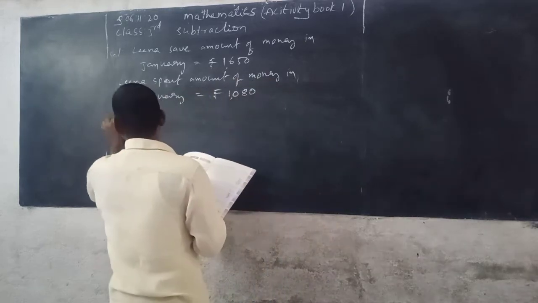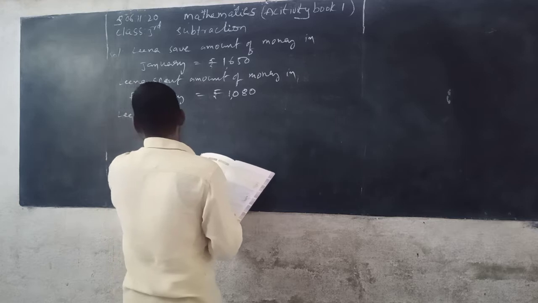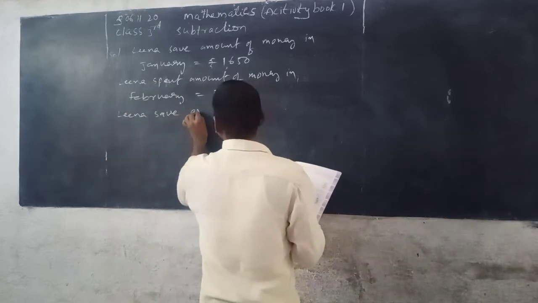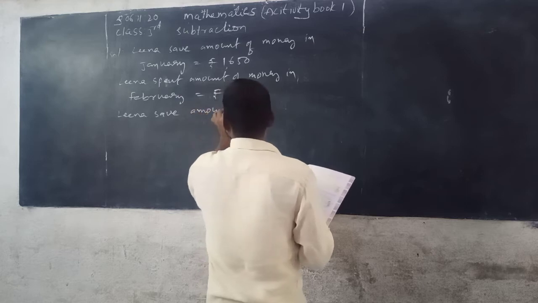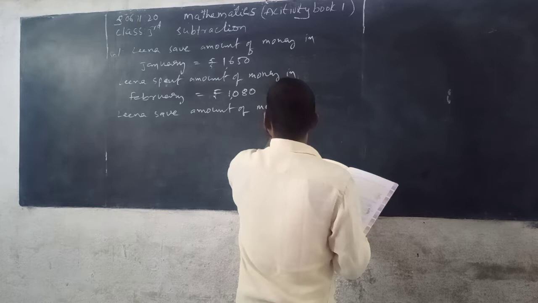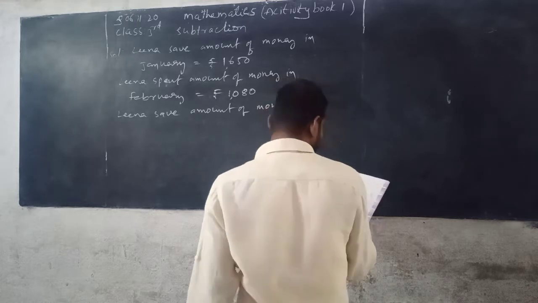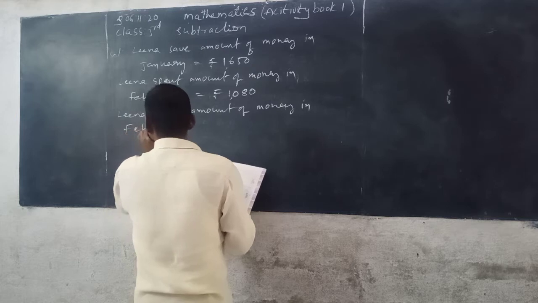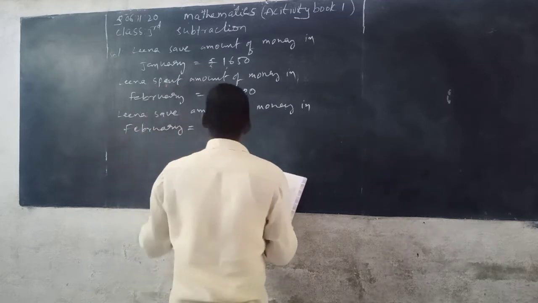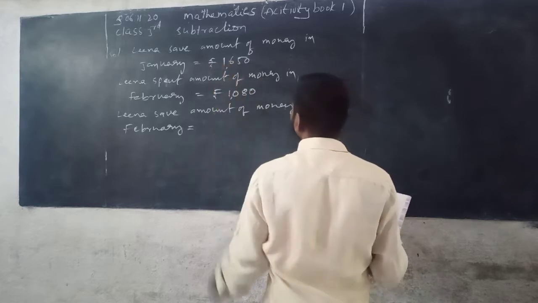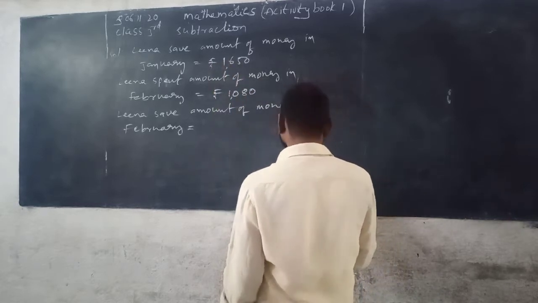The amount of money Leena has left from February, that is equal to 1080 subtracted from 1650, you get the answer.